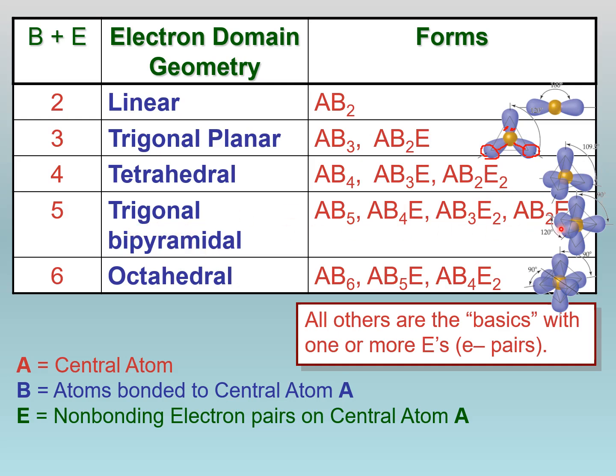Trigonal bipyramidal, just to talk about the shape, it's got 5 electron domains. These 3 in the middle, this one, this one, and this one, will be similar to the trigonal planar. They will have 120-degree angles between each other.